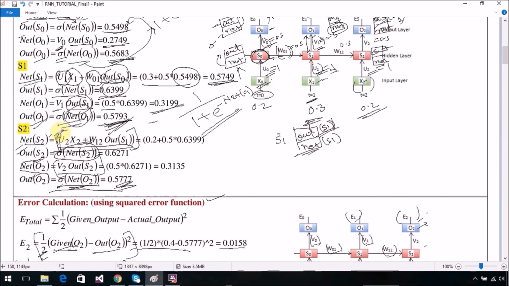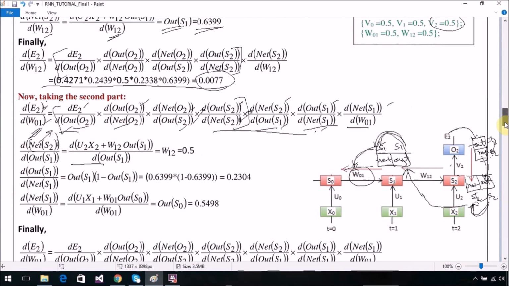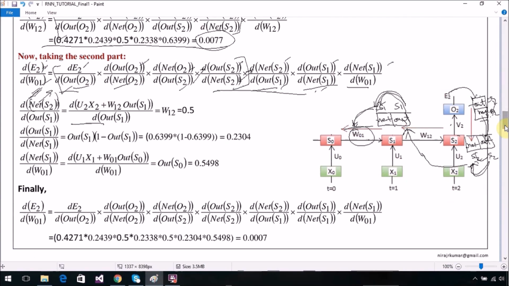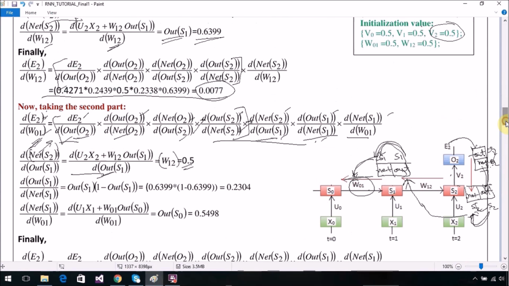We'll copy this here and take the differentiation with respect to out S1. It will be W12, whose value is already given. You already have this value, 0.5.